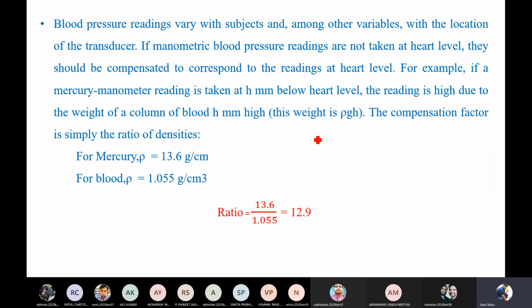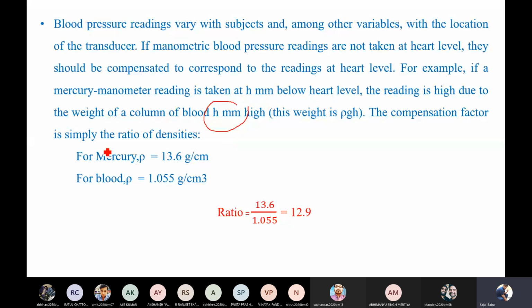Whenever you measure the blood pressure above the heart level, let us consider you placed your arm at a height h above the heart level, or you placed your arm h below your heart level, the weight of the blood column will cause errors.